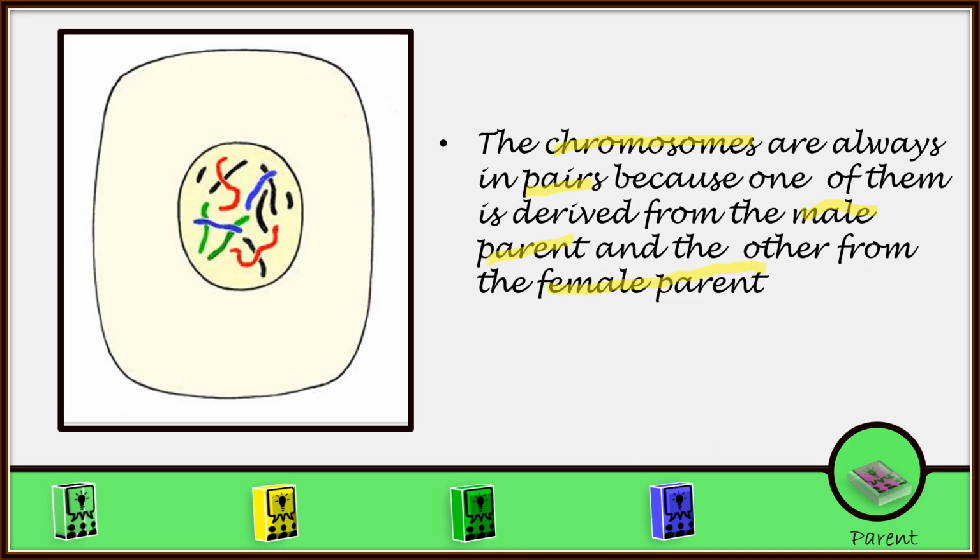So when you look at them in pairs, one comes from the male parent and the other comes from the female parent. That's why we say they are always in pairs, as they are derived from two parents.